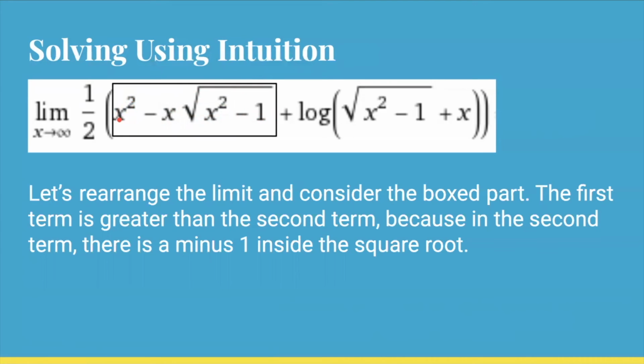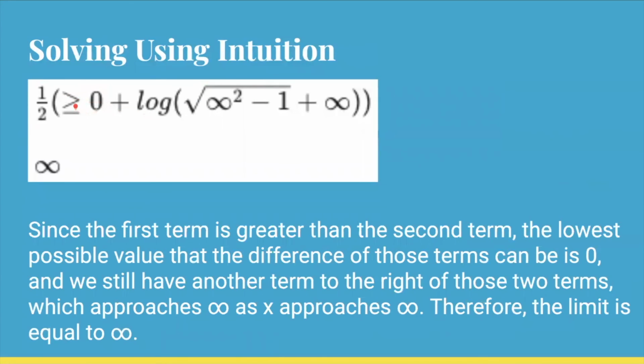All right, and then since this term right over here is greater than this term, you'll know that the difference between these two has to be greater than or equal to 0. And then on the right side, we still have this limit right over here, which is just infinity. All right, so 1/2 times something positive plus infinity, that is just infinity. So therefore, the limit is equal to infinity.